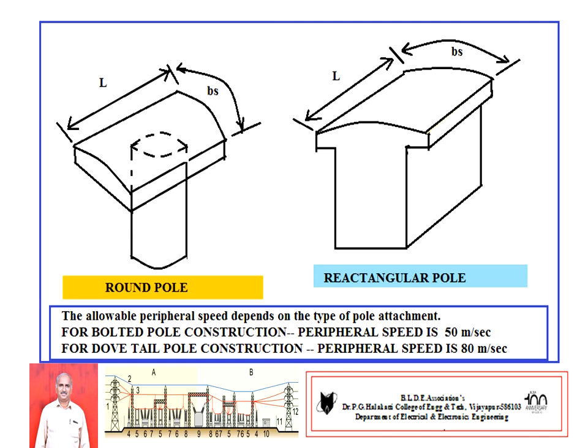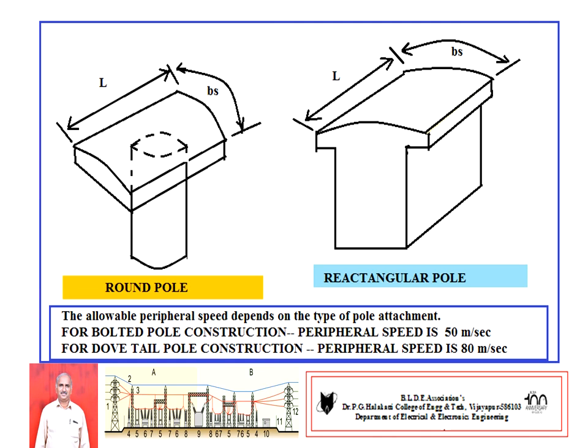Remember. Then allowable peripheral speed depends upon type of pole attachment. This is also one of the important points. Remember, for bolted pole construction, peripheral speed is 50 meters per second. Getting the idea? 50 meters per second or less than 50 meters per second.